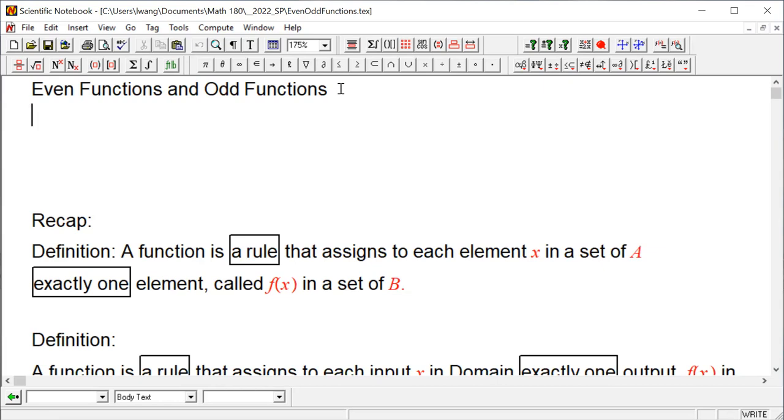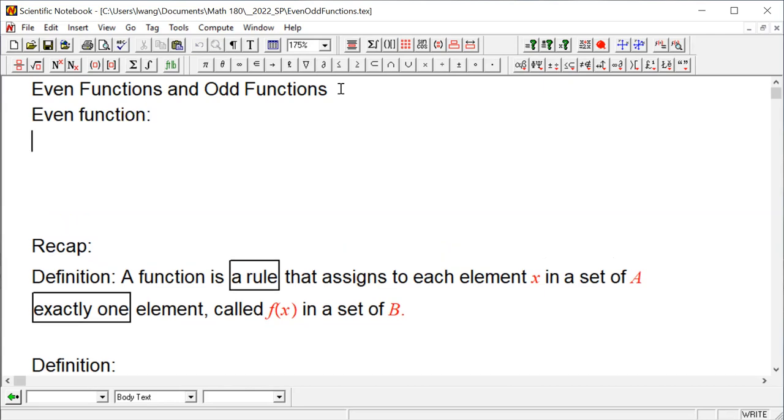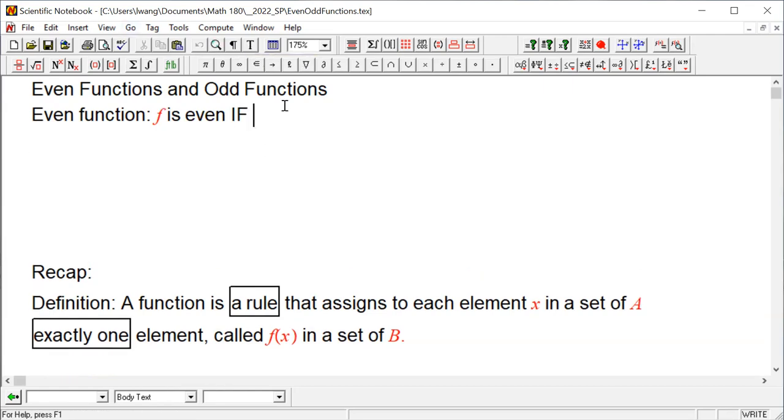The definition of an even function, first of all, addresses the domain of the function. So we say even function. Here's the statement: f is even if there's a requirement for a function to be even.